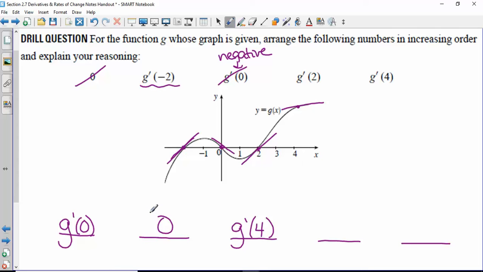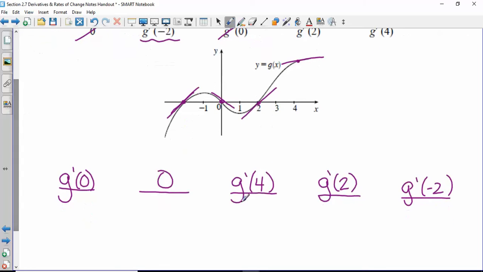So if I'm looking at these, can you tell which one is the steepest? It's kind of a toss-up. I would probably accept it either way, because without having some more information to get exact slopes, they are very close to each other. So I may put G prime of 2 and then G prime of -2.